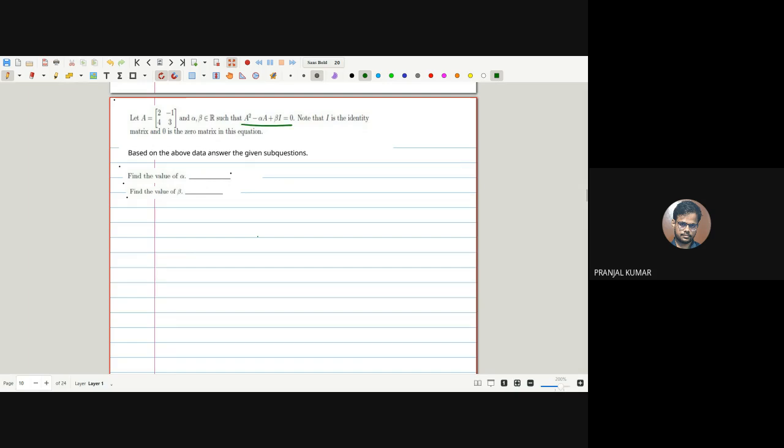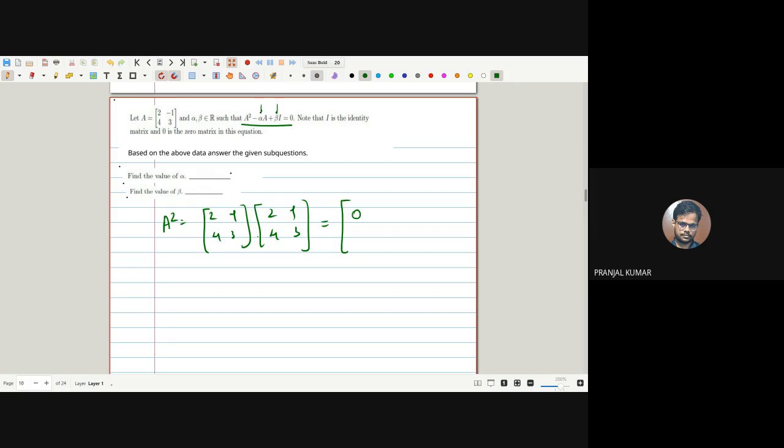Now, this is an equation given. Whenever an equation is given, you have to find the unknowns. Note that I is the identity matrix, 0 is the 0 matrix. So you have to just find the values of alpha and beta. What you can do is directly calculate A square. So, [2, -1; 4, 3] times [2, -1; 4, 3]. This will be 4 plus 4, 0, 8.